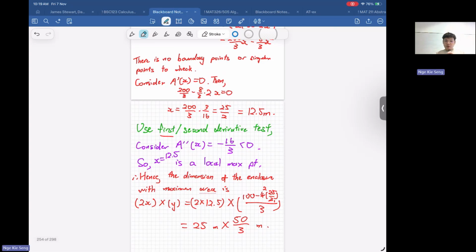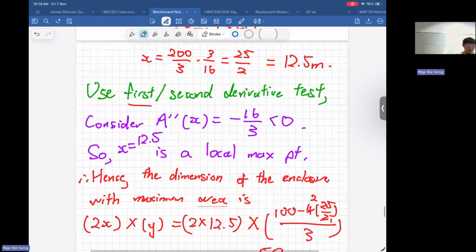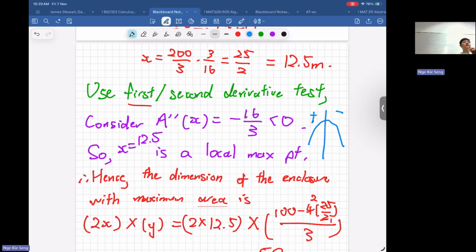All right. Let me ask you, since we know that this is a local maximum point, if you use the first derivative test, what do you expect? On the left-hand side, is it positive or negative? On the left-hand side it should be positive, right-hand side should be negative.